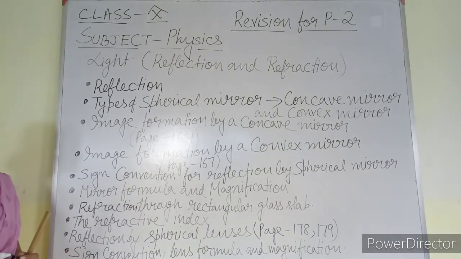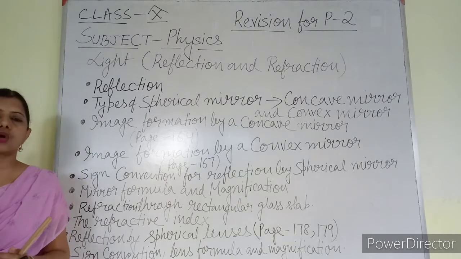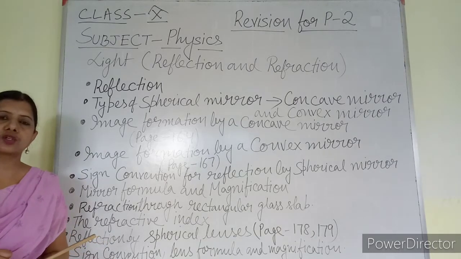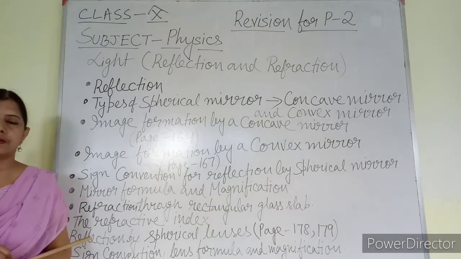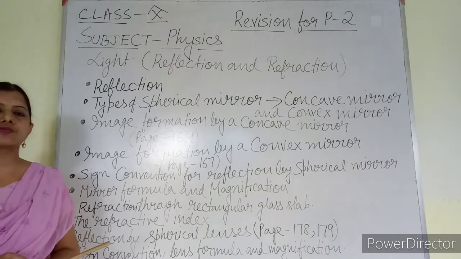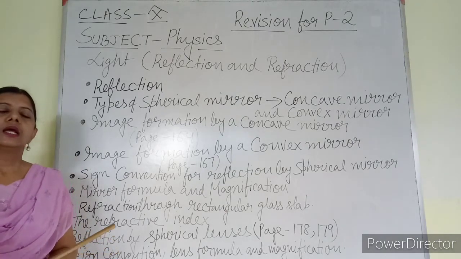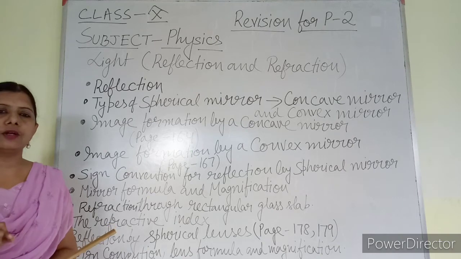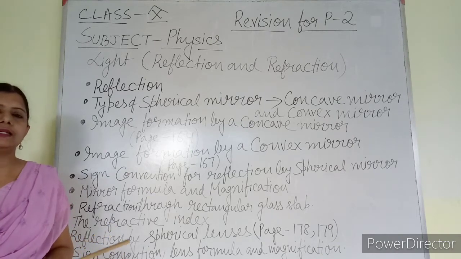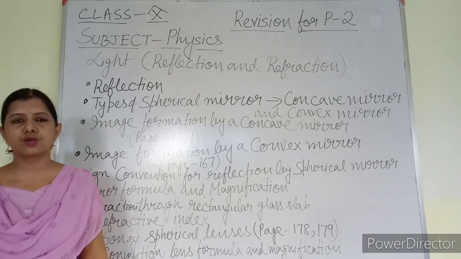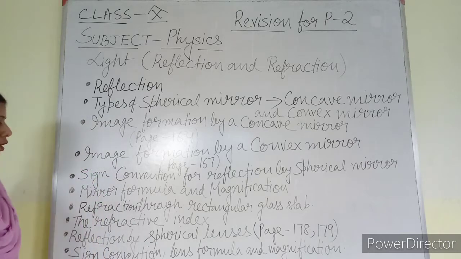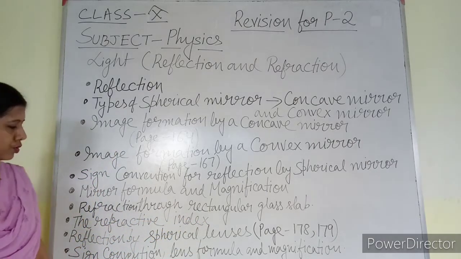What is refraction? Refraction is the bending of light. When light travels from one medium to another, due to the change in the speed of light, bending of light occurs, and that phenomenon is known as refraction. Through the glass slab, how refraction is occurring, you have to know.